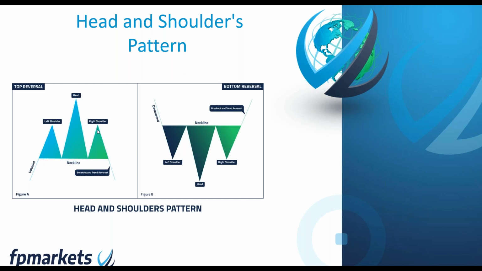Note the pullback to form the right shoulder does not break the recently formed head. This is crucial to understand, guys, as it would invalidate the pattern's structure. So let me just repeat that. The pullback to form the right shoulder at this point here should not exceed the formation of the head at this point there. And the same goes for the inverted head and shoulders pattern as well.